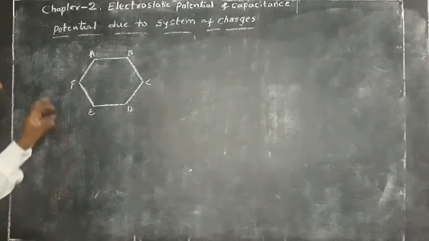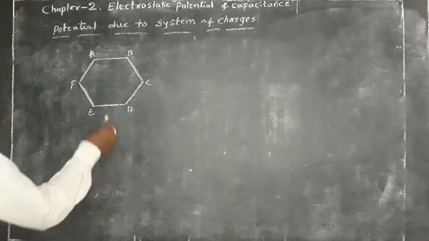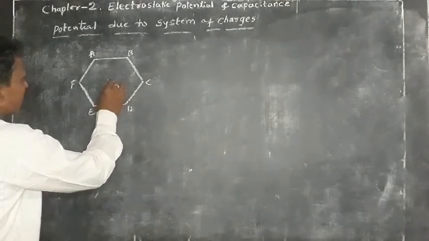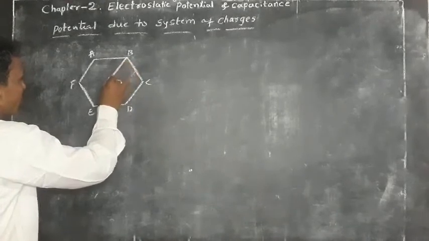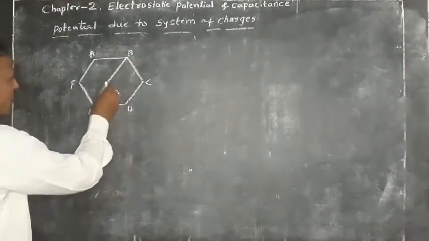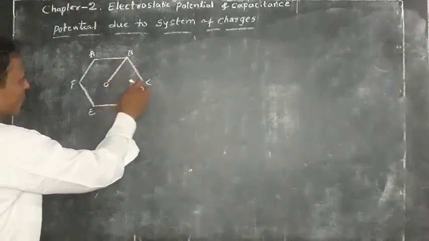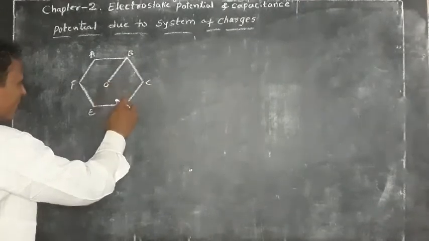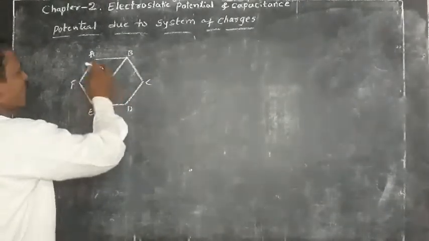And for a regular hexagon, the distance of the center from each vertex is the same. That is, O being the center of the hexagon, OB equal to OC equal to OD equal to OE equal to OF equal to OA.